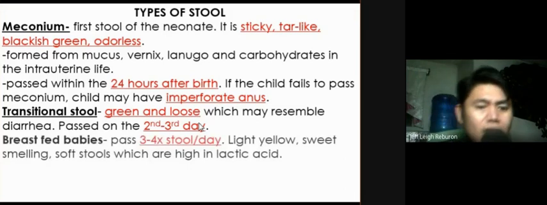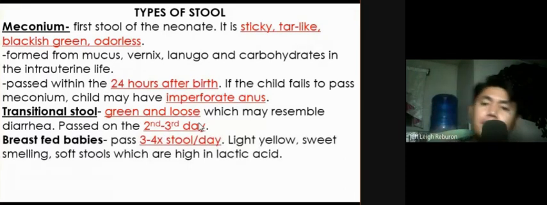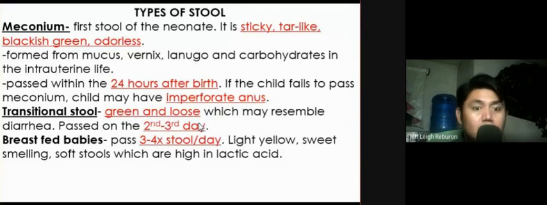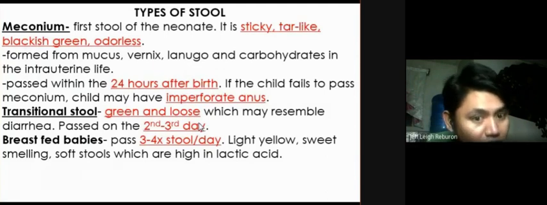Kaya po ang color niya is also green. Alright? Now, depende po sa gatas na iniinom ng bata, yung next na stools po natin. Okay? When we talk about breastfed babies, okay, they pass their stool 3 to 4 times per day. 3 hanggang 4 na beses silang tumatae sa isang araw pag sila ay breastfed.